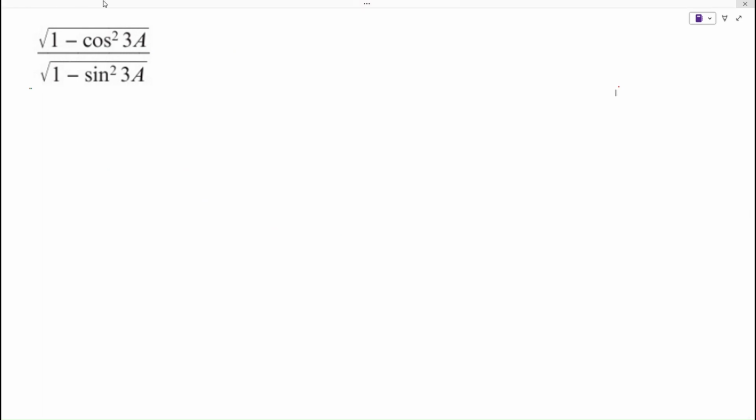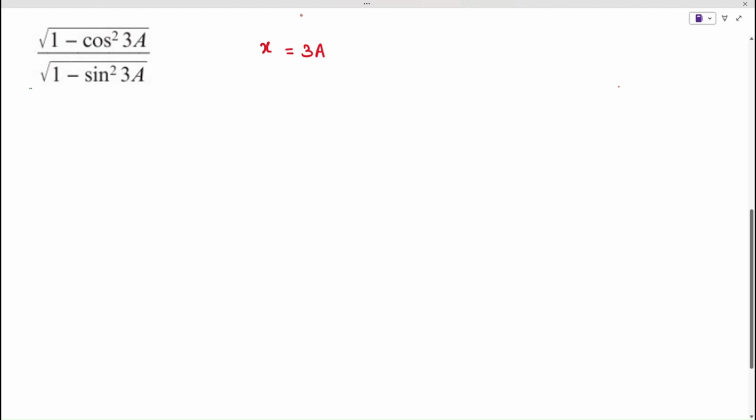So now we have a question here: root of 1 minus cos squared 3a over the root of 1 minus sine squared 3a. The first thing we're going to do is have a variable that we call x, where x is equal to 3a.